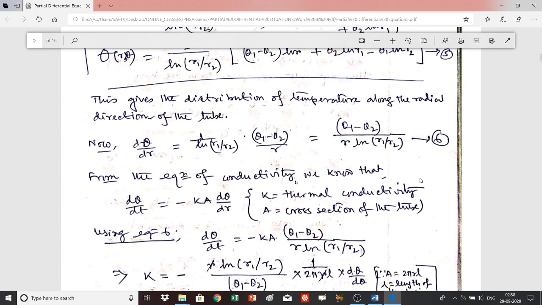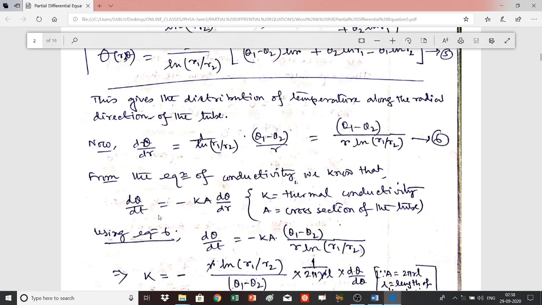Now from the definition of conductivity, you know that d theta by dt is equal to minus K A d theta by dr. This is the definition of conductivity, where K is the thermal conductivity, A is the cross section, and the temperature gradient of theta with respect to r is d theta by dr. Now from equation 6, you know that d theta by dr is equal to this.